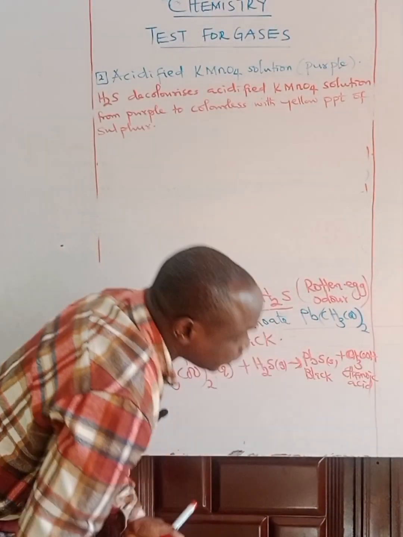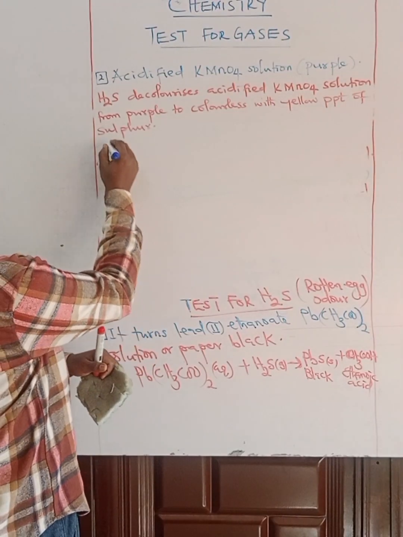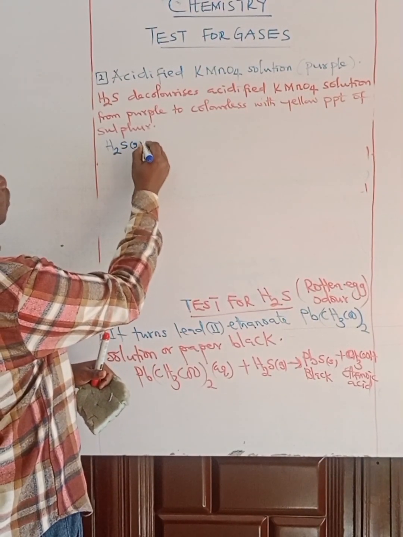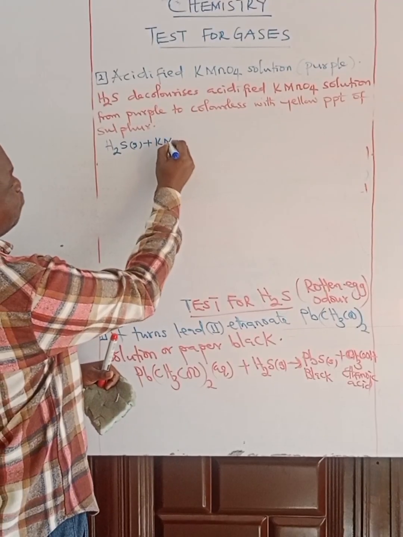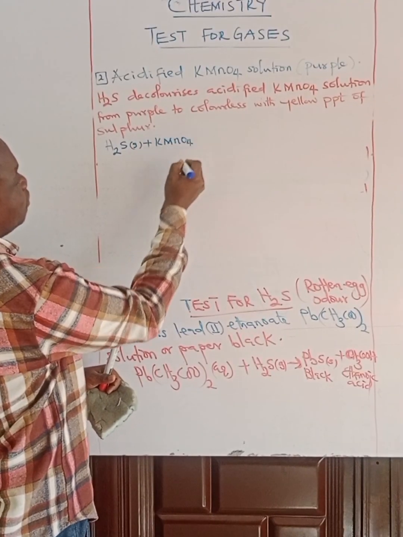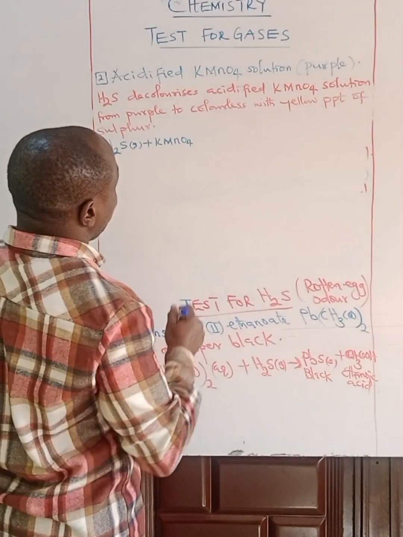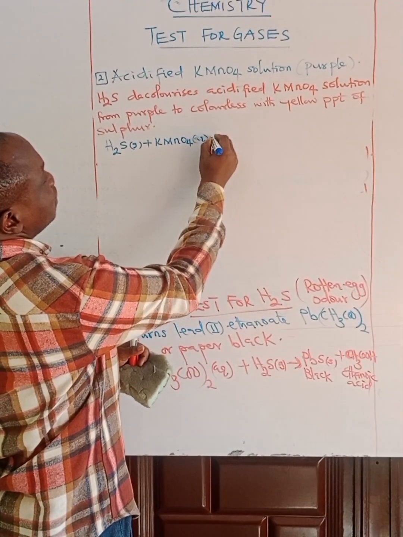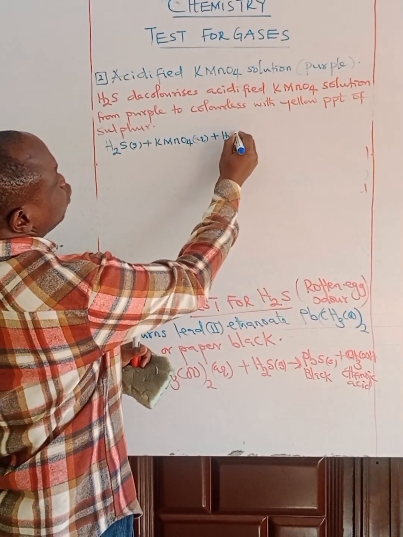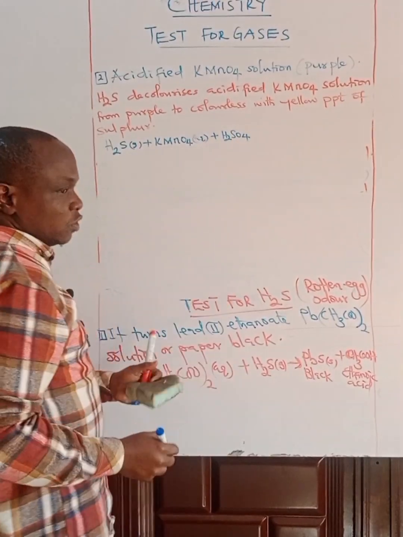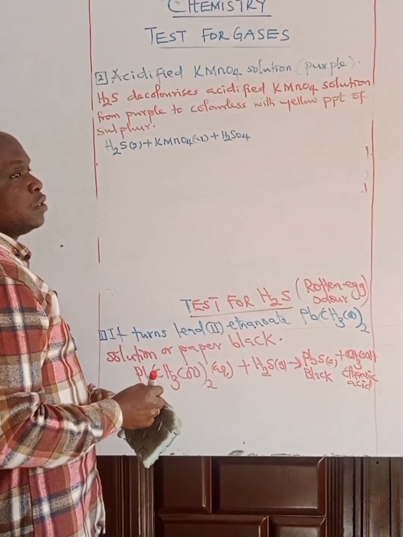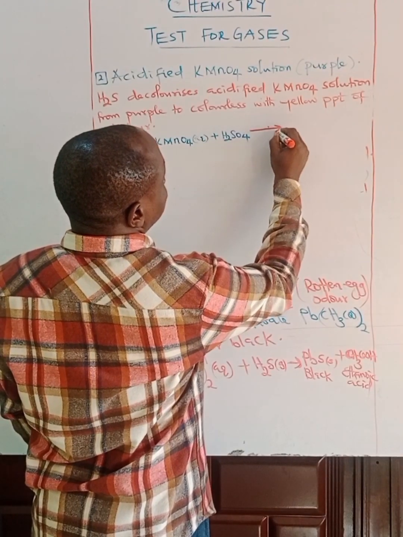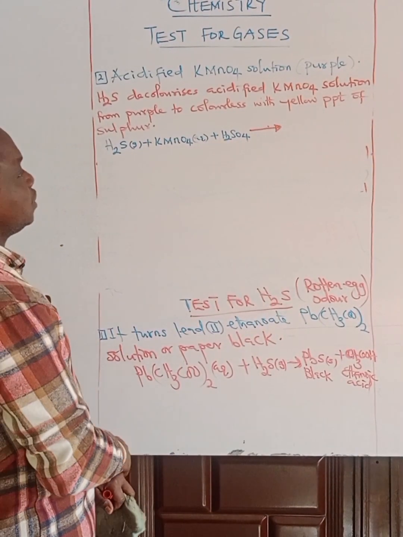So let me give the equation of reaction. We have hydrogen sulfide gas plus aqueous KMnO4, acidified by adding H2SO4.